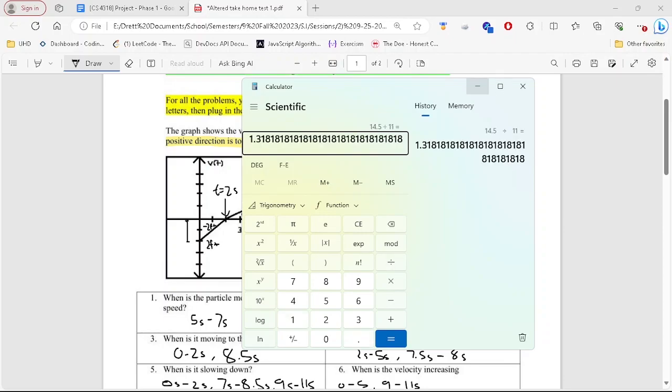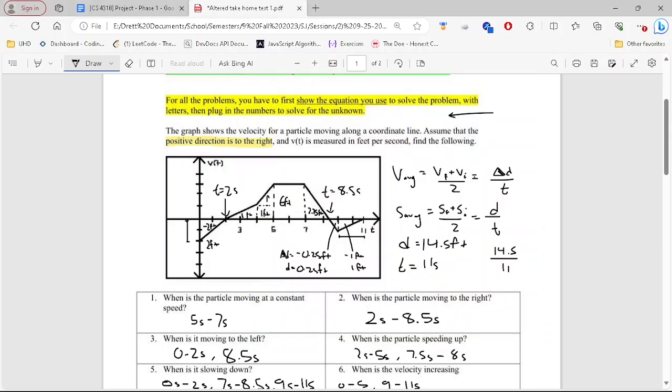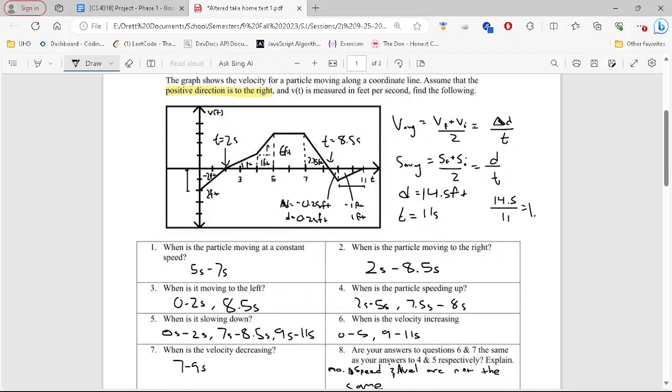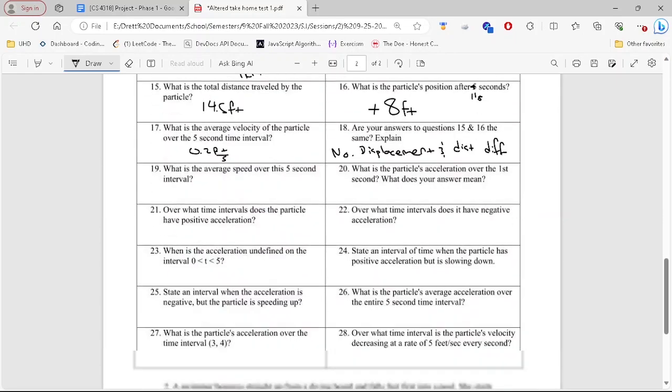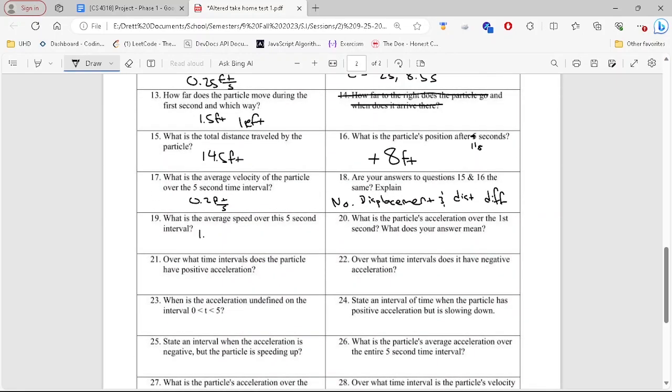That's 1.32. We're going to round to 1.32 feet per second. Okay, so we can see that we're going to change this to 11 seconds.